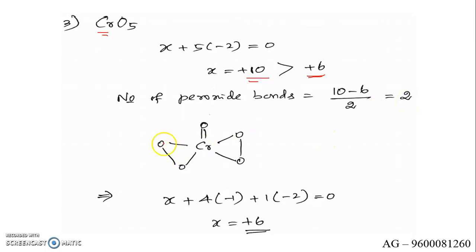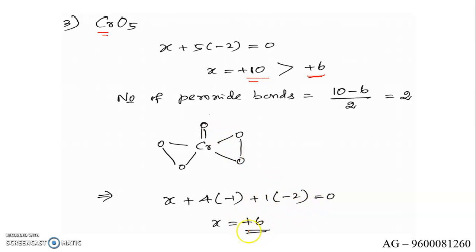Listen, this is one peroxide bond, this is another peroxide bond. Connect the peroxide oxygens to chromium, and we are left with one more oxygen. Keep that oxygen as a normal oxygen, double bond O. Are you clear? If you calculate the oxidation state now, for chromium let it be X, plus 4 oxygen atoms are peroxide, so 4 into minus 1, and 1 oxygen is normal, so minus 2.